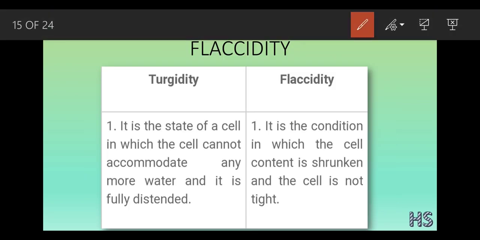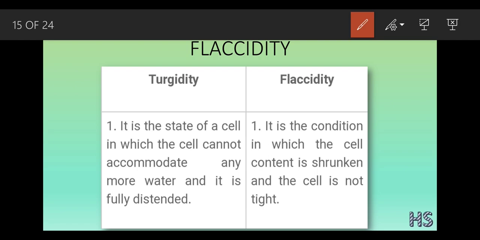Now let's understand the concept of turgidity and flaccidity. What do you mean by turgid condition and what do you mean by flaccid condition? Before that, first understand the types of pressure. There are two types of pressure which occur inside the plant.